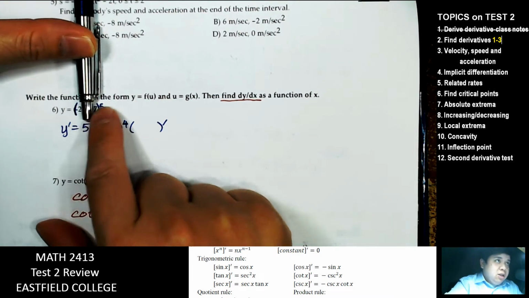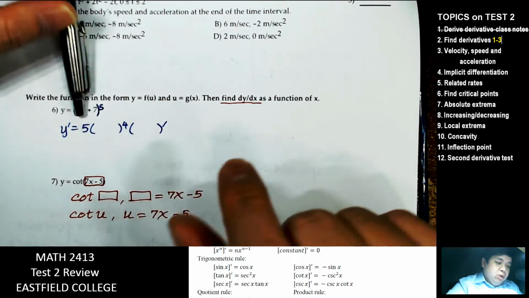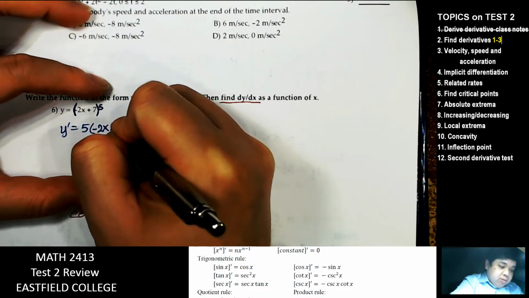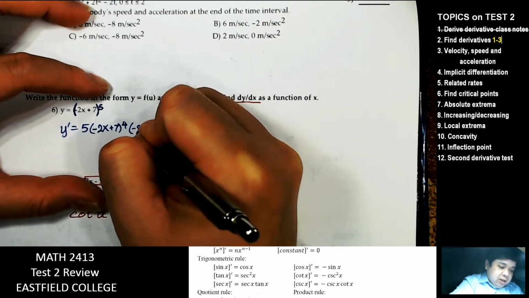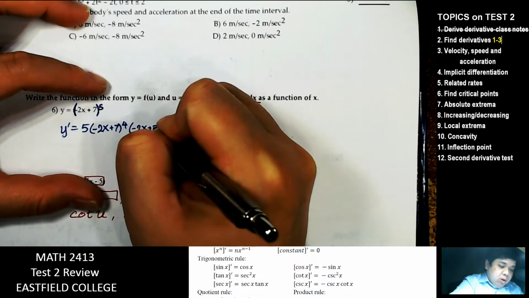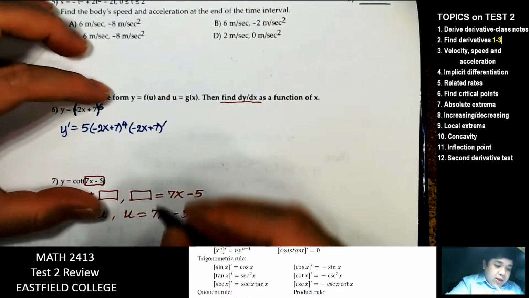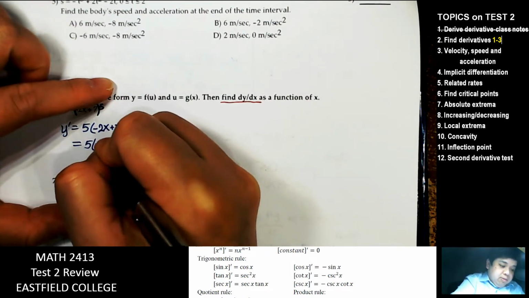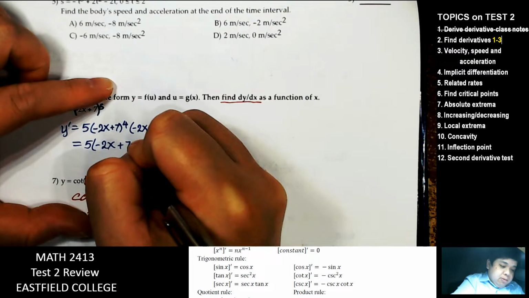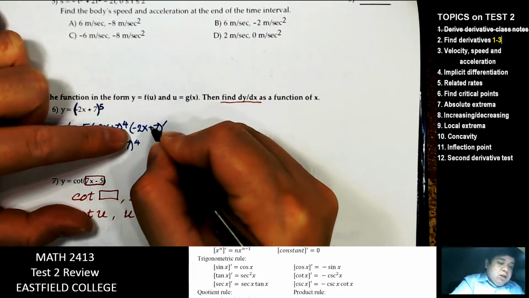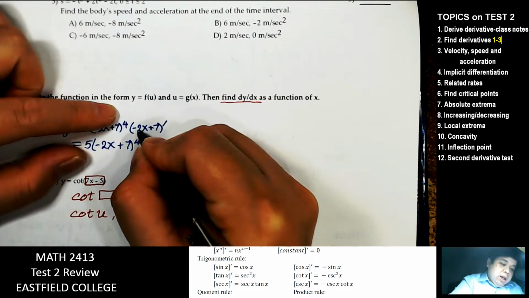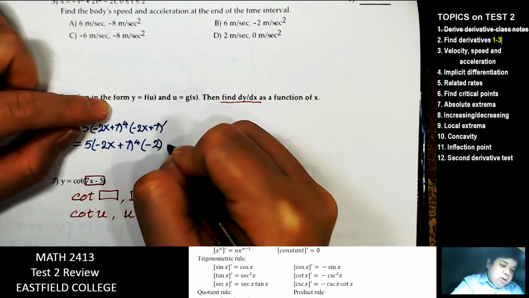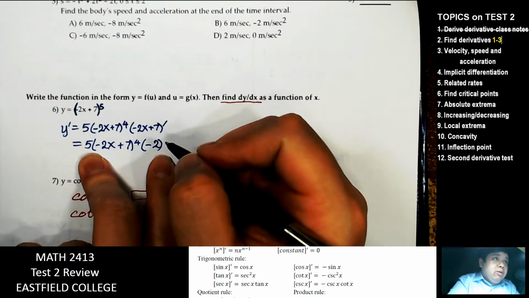Doesn't matter. We just do that. Now in this, what's inside is negative 2x plus 7. That is what the problem has. And so all of this is set up already. Now we just need to take the derivative of this, which is negative 2x plus 7, derivative is negative 2. And multiply 5 and negative 2.